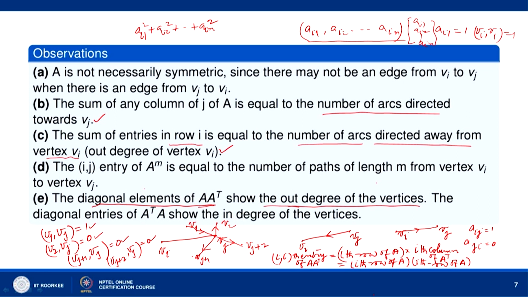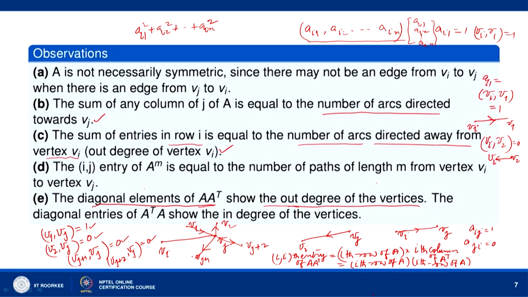And ai1 means bi b1. bi b1 will have value 1 if the edge is directed from bi towards b1. And bi b2 similarly will be equal to 0 when b2 is directed towards bi.